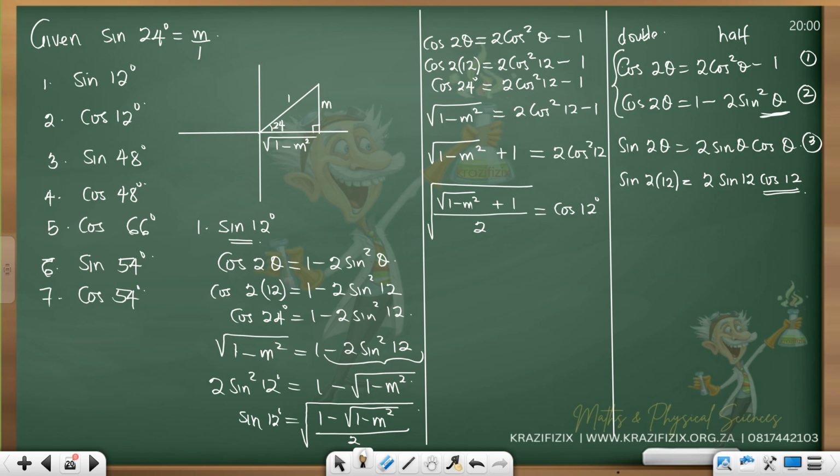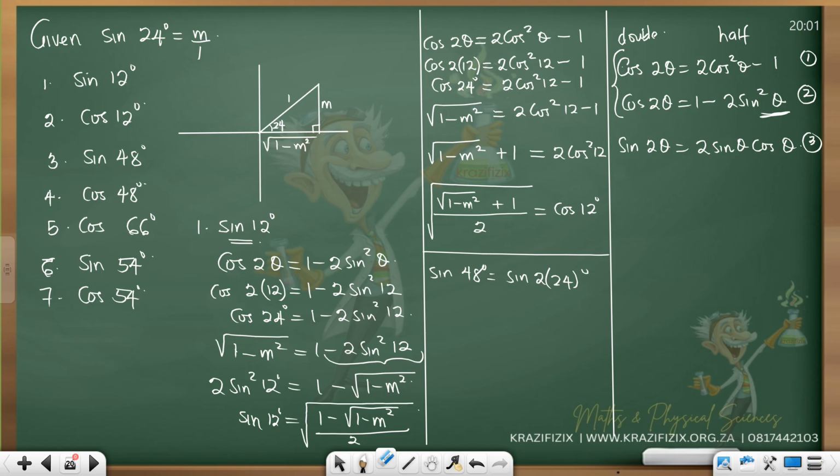What do you notice? 48 and 24. What do we notice? 48 is double of 24. So I can write sine 48 as sine 2 times 24. And instantly you can see what this one looks like.